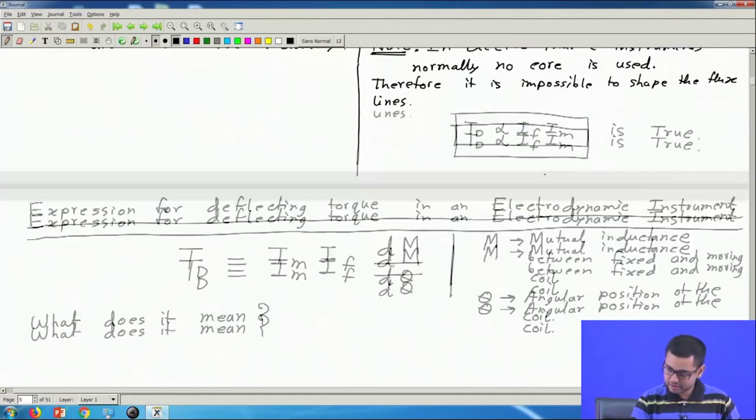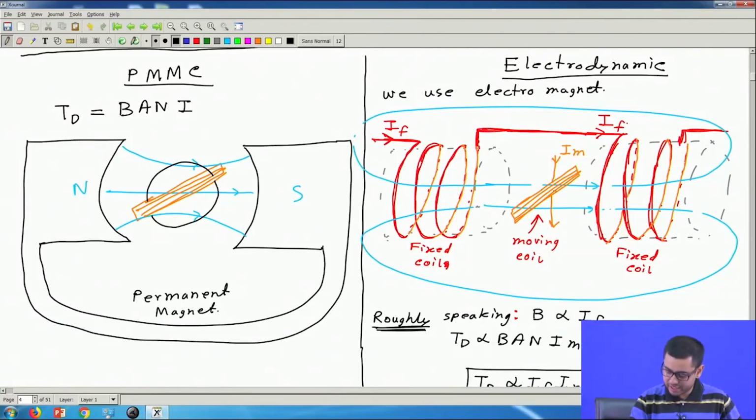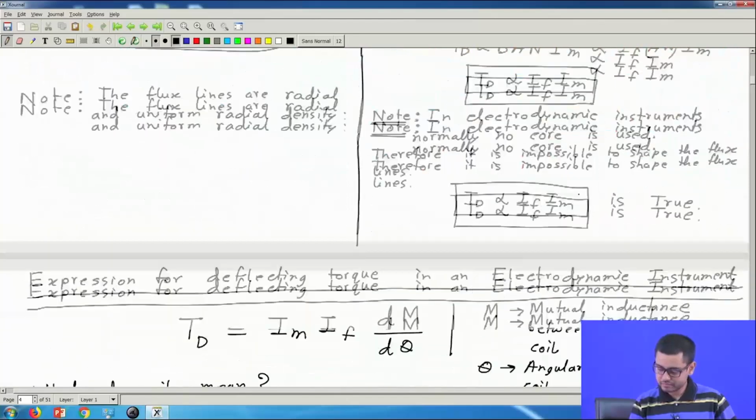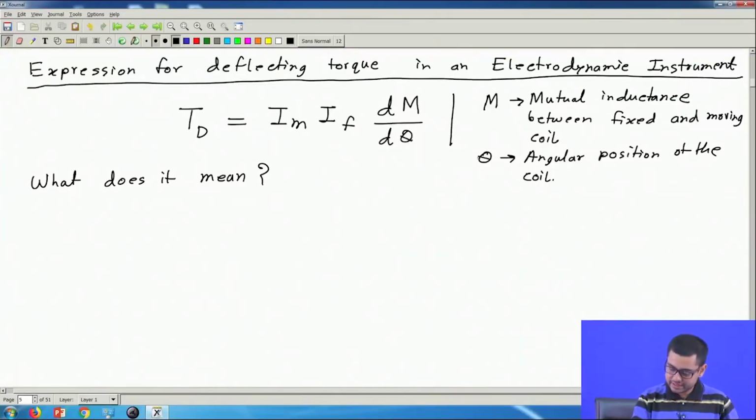So, theta can be the angular position of this coil measured with respect to some reference position. Maybe this is my reference position, then this is theta. So, this is basically the angle theta.